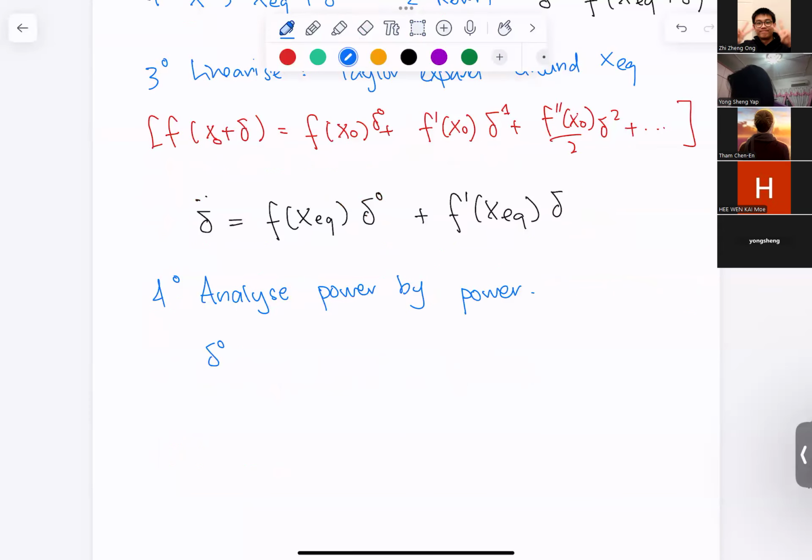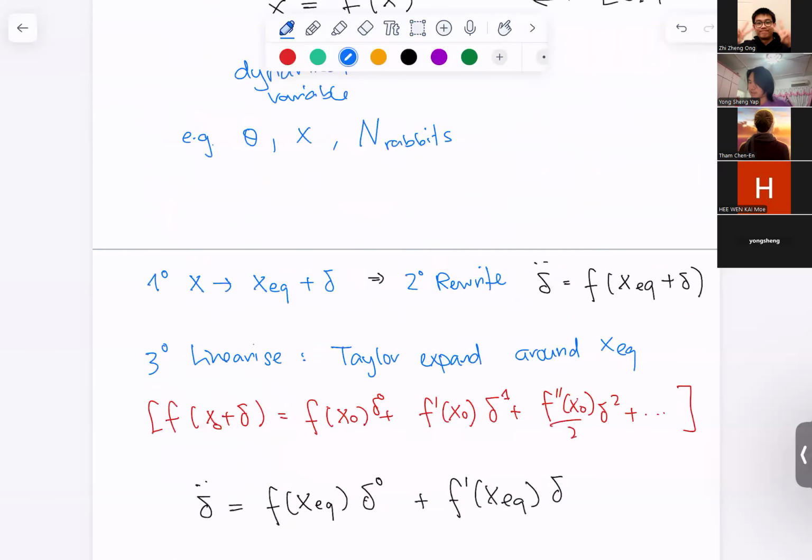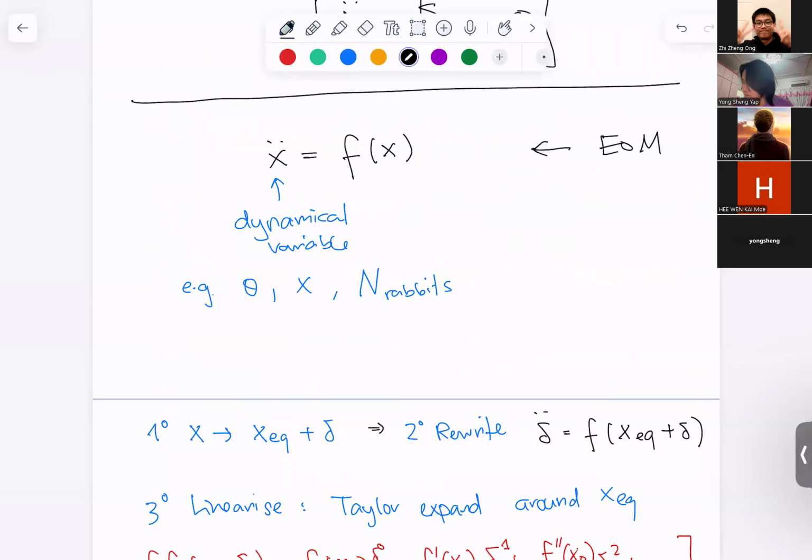So at delta to the 0, f of x eq is equal to 0. This is basically equilibrium analysis, because even if we look at the equation of motion, when x double dot is equal to 0, f at this point is equal to 0, at x eq.